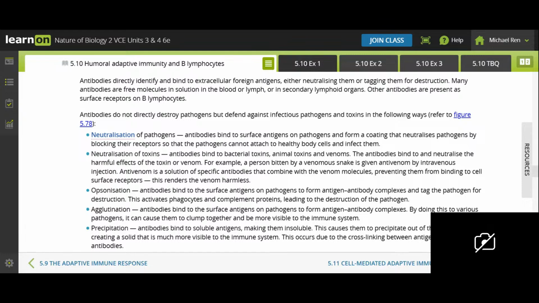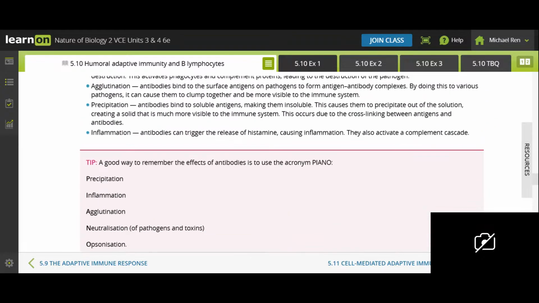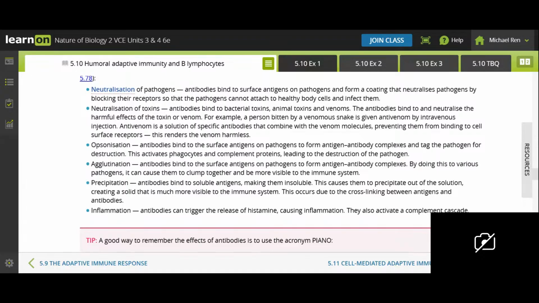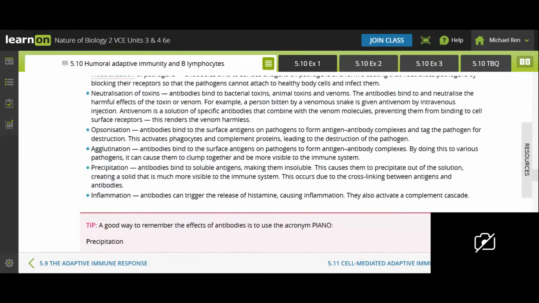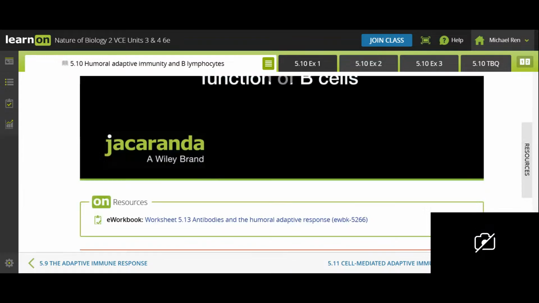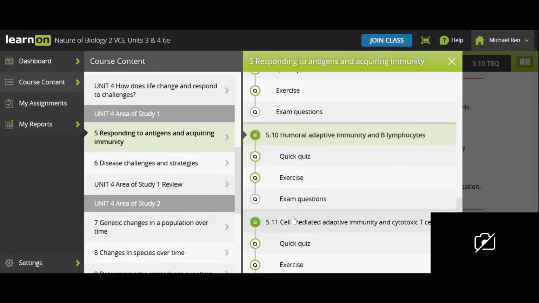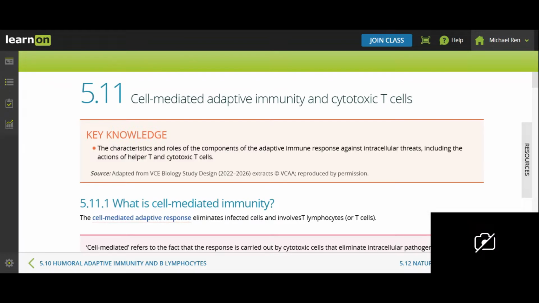This causes pathogens to possibly clump together, the whole pathogen in this case, and be more recognizable. Antibodies could also trigger the release of histamine through binding to mast cells. So that's that. This is now cell mediated.